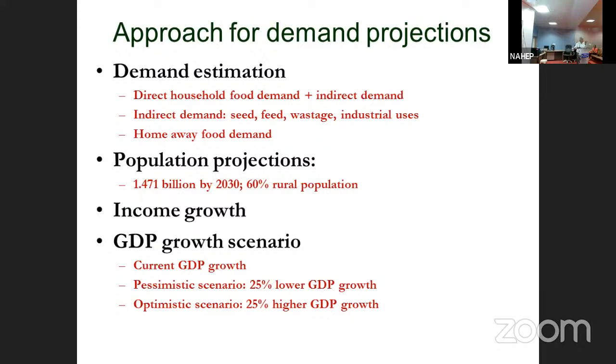And this is a food matrix we prepared and gave in our paper, and those who have the energy and time can revise those numbers. So what is the home away demand for cereals, vegetables, and so many other things.